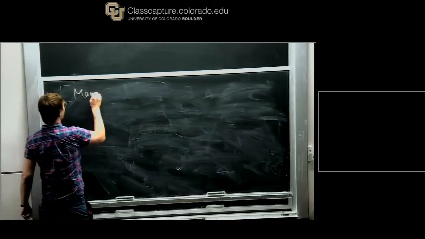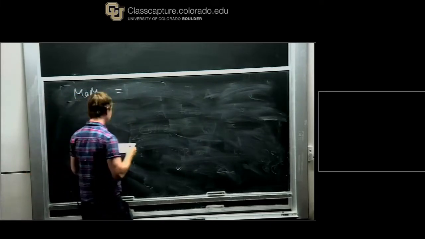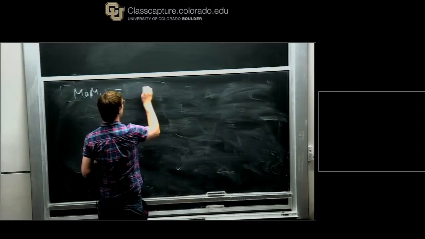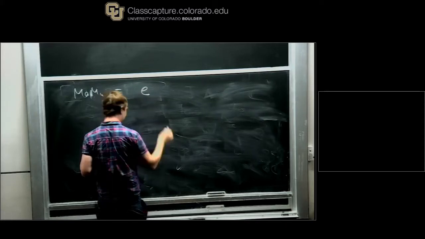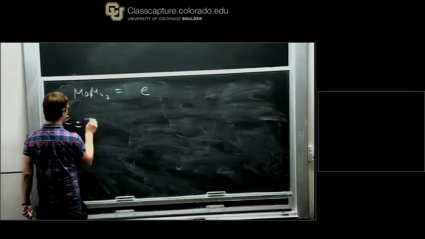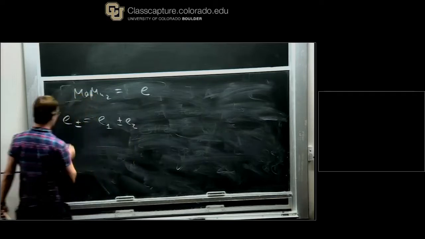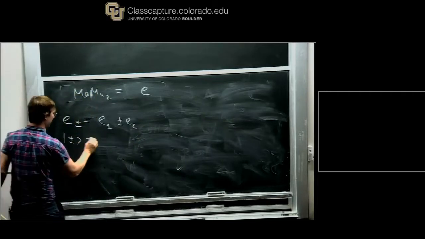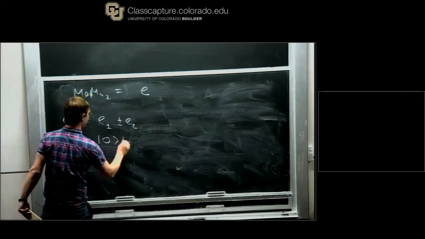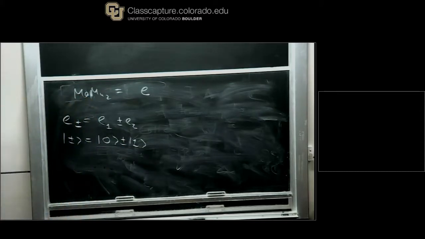I claim, and I cannot verify the claim for you because it will take too long, I have to introduce some new notation, but you know them already. The plus and minus states, I'm sure you've seen. It's like E1 plus or minus E2, right? And we don't care about normalization, right? So we need those guys.